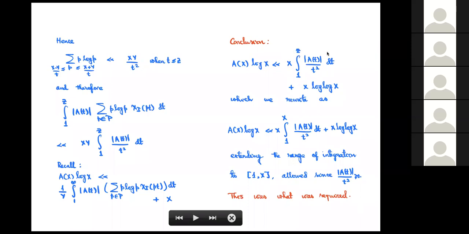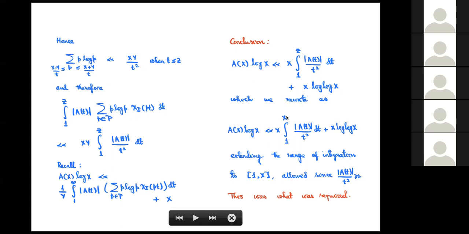And this contribution here is xy by t square. T square goes into the integral. You divide by y and you get x times the integral from 1 to z of dt by t square, which is x log x. And therefore, you have this integral from 1 to z, but this is a positive function and z is less than x.